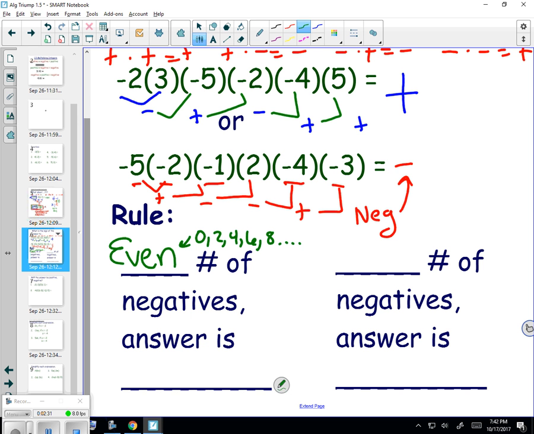An even number of negatives, the answer is, when we had no negatives, we got a positive. 2, we got a positive. 4, we got a positive. So the even number of negatives, the answer is positive. We get positive numbers.